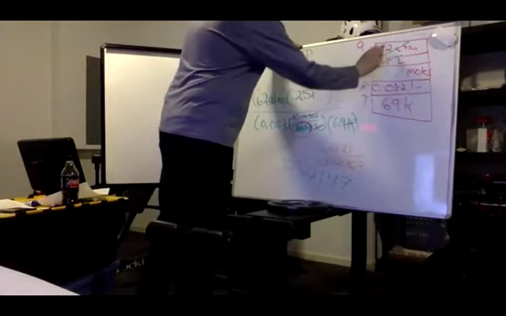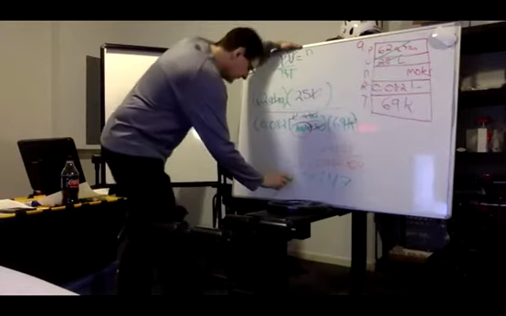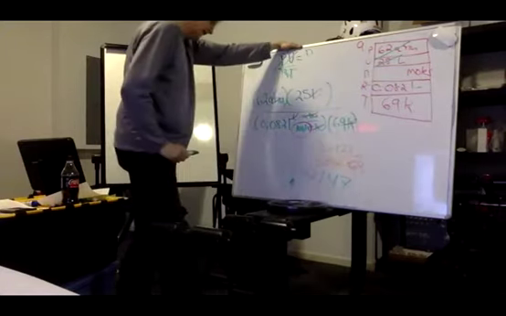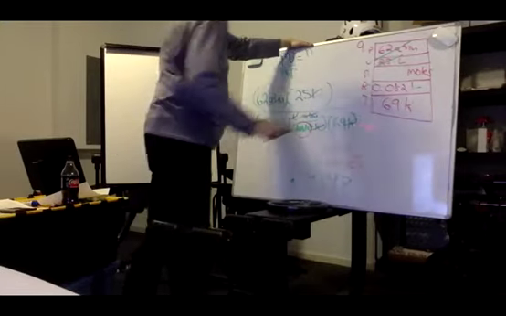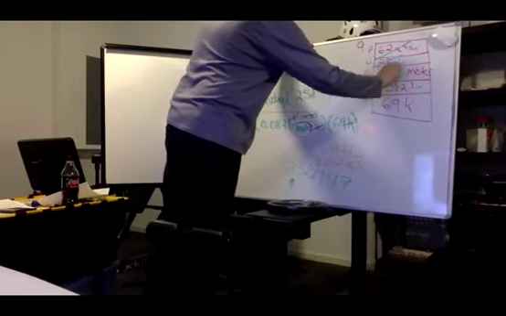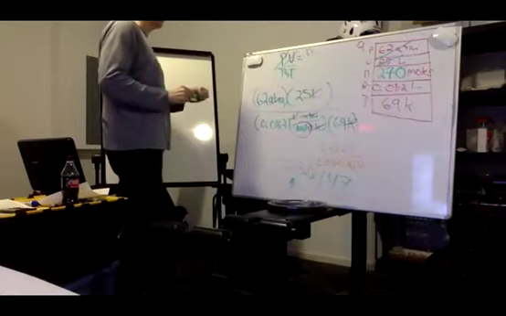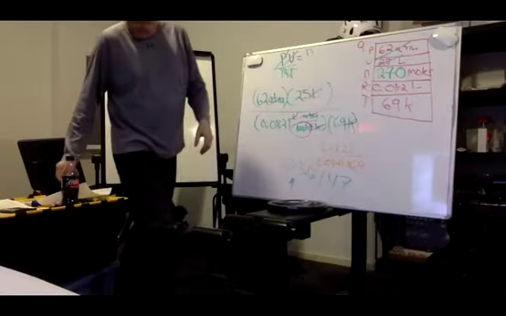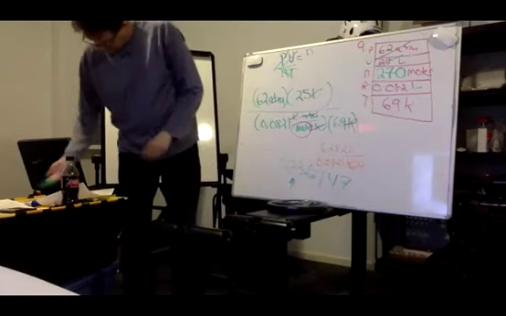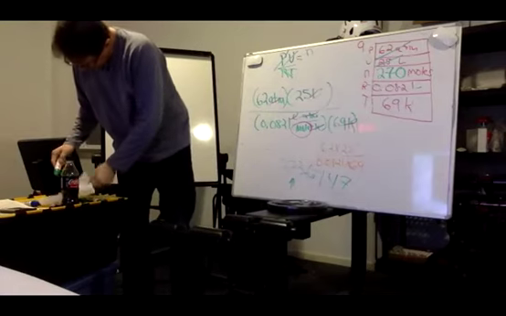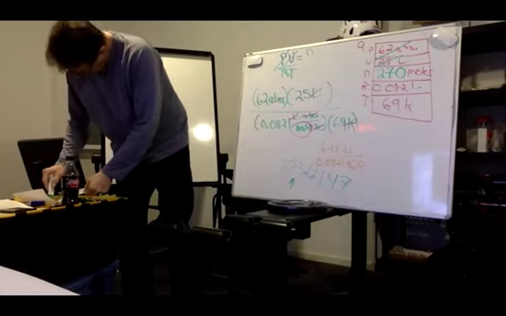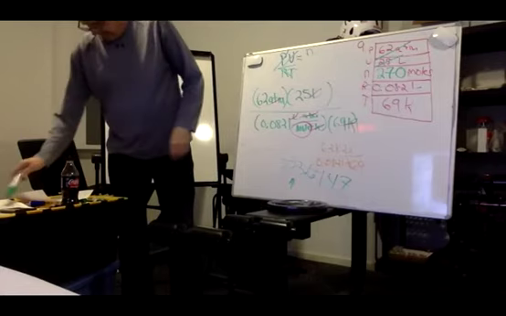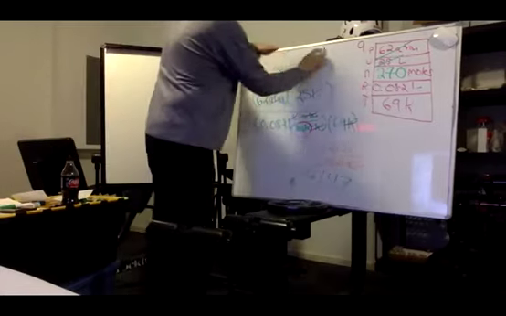It's two sig figs, so there's my round spot. So I'm going to round down to 270 moles to get my 2 sig figs. That is number 9. And number 10.